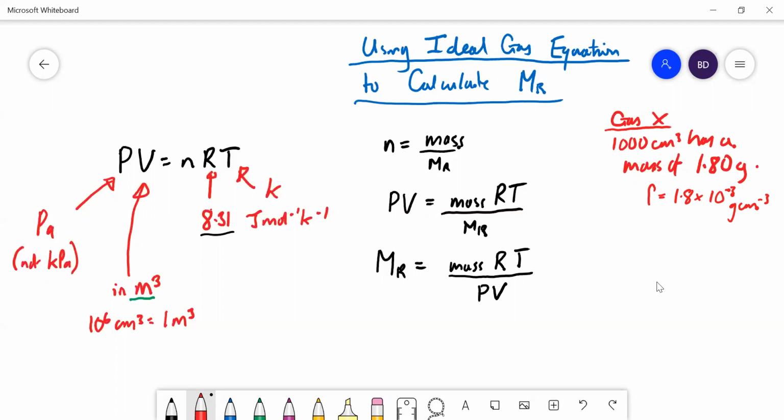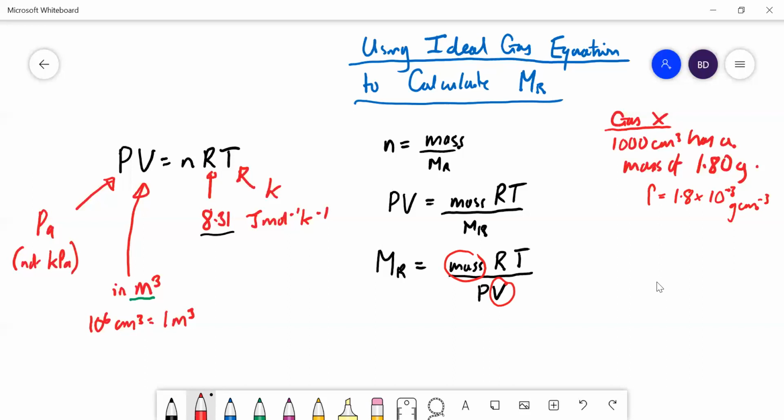So if you know the density of a gas, you can work out its Mr. If you have a very heavy gas, that means the mass over the volume is going to be big, so that means it's got a big Mr. And we know that's true.